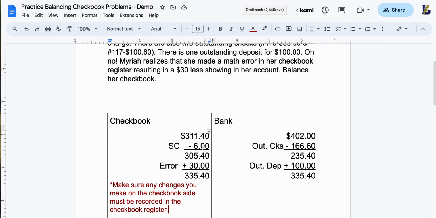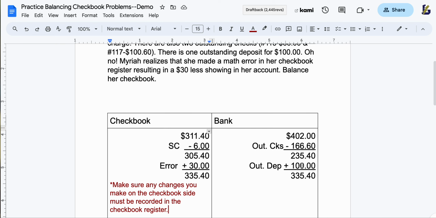For the service charge, you need to make a transaction in your check register taking out the $6. For the error, use today's date and say you made an error on such and such a transaction, and add the $30. So the ending balance in your checkbook needs to be $335.40. That is correct.